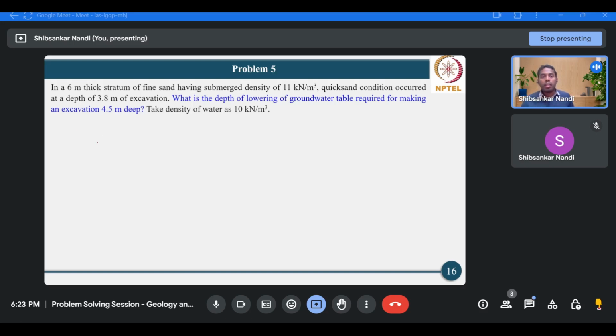So quicksand condition occurred at a depth of 3.8 meter of excavation. Now, what is the depth of lowering of groundwater table required for making an excavation 4.5 meter deep? Take density of water as 10 kilonewton per meter cube.